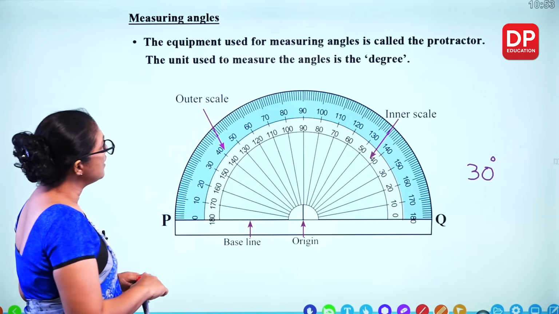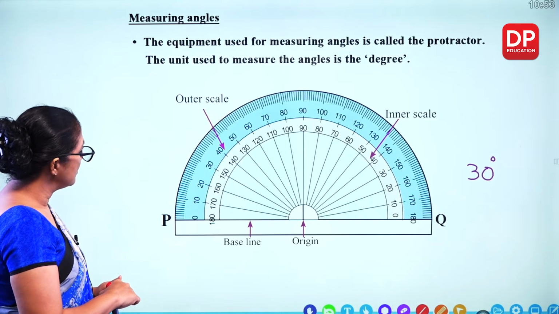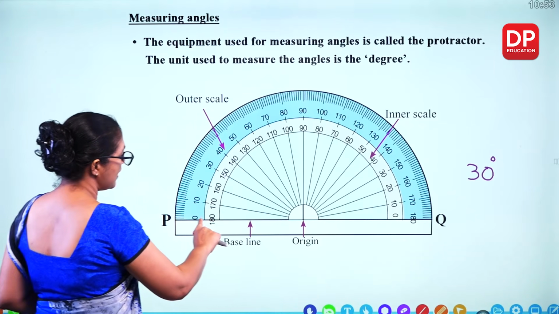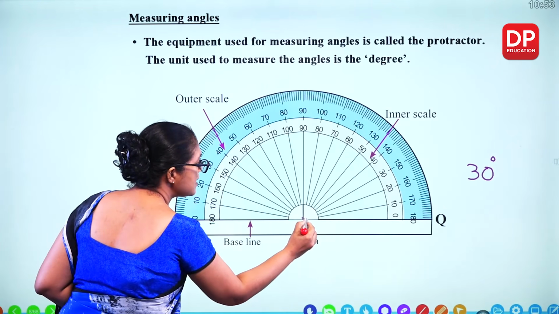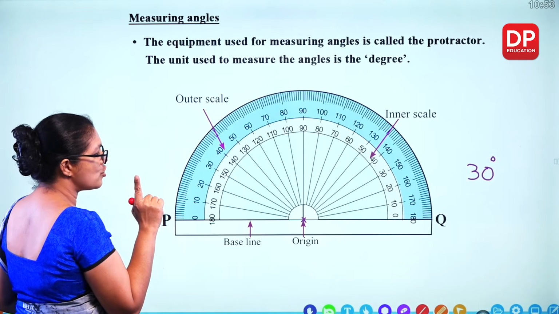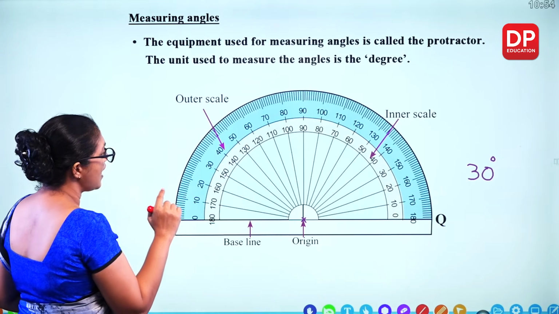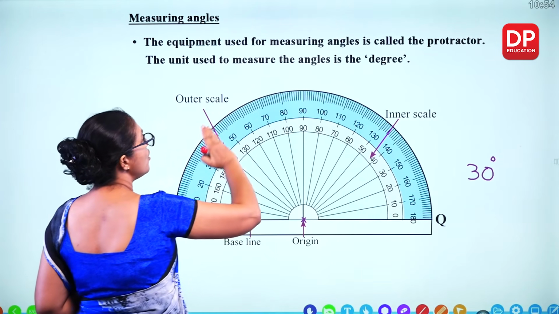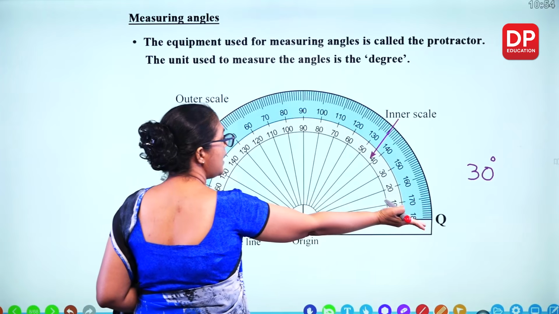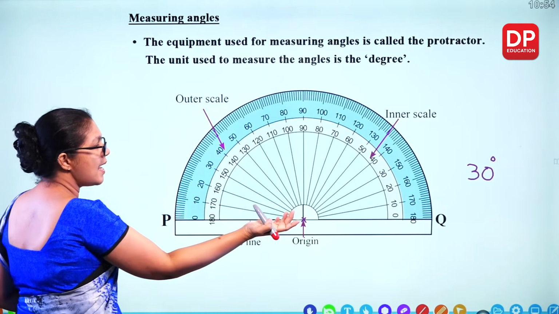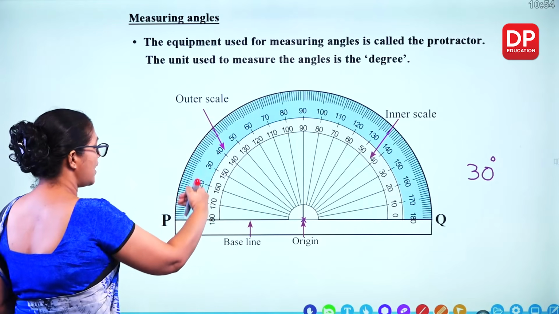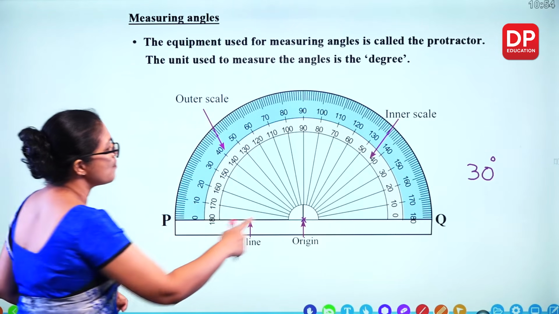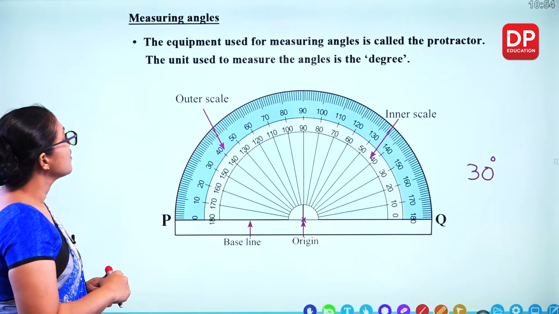Now when you look at the protractor, we call this line, PQ line, the baseline, and the center point here is the origin. And here can you see starting from 0, you get numbers this way, that's clockwise, as well as starting from here, you get anti-clockwise marked from 0 here as well.